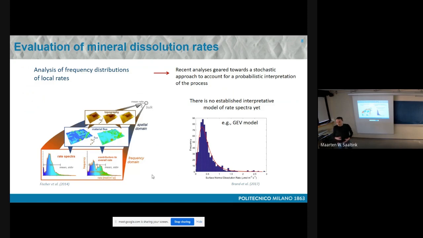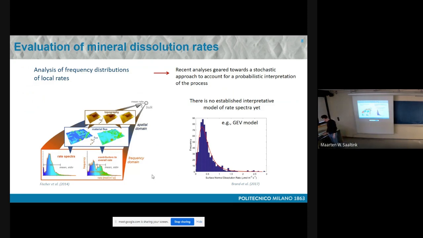But there was no analysis, at least from what we saw, for example, on the degree of spatial correlation of these reaction rates at such a small scale, and on an established interpretive model of this.